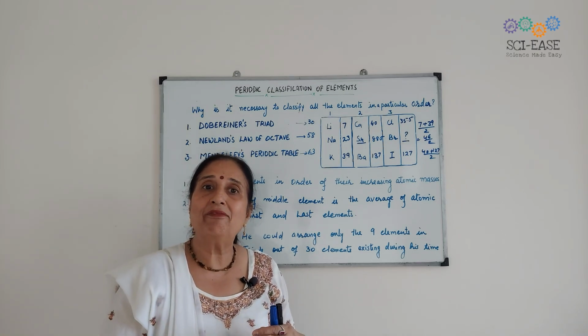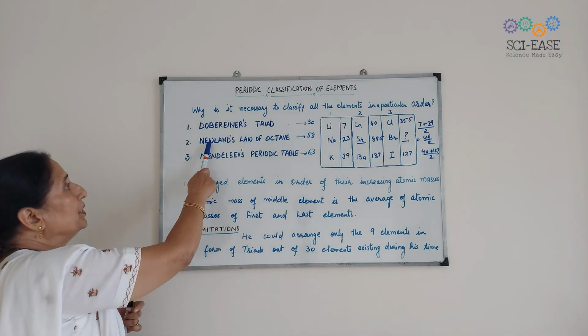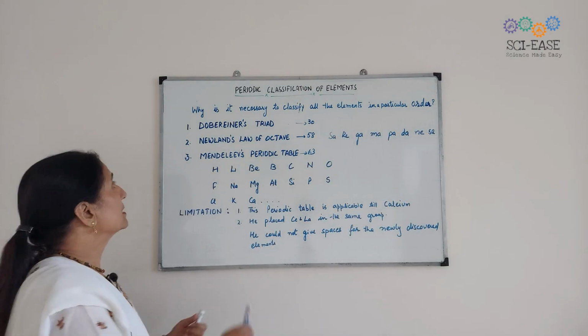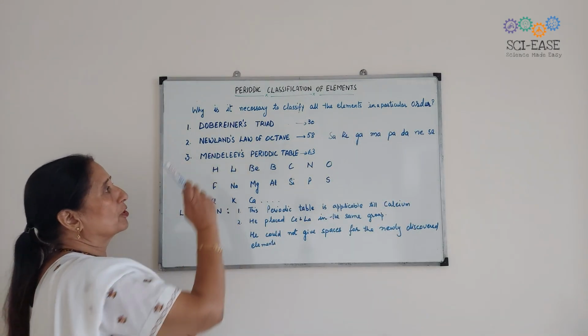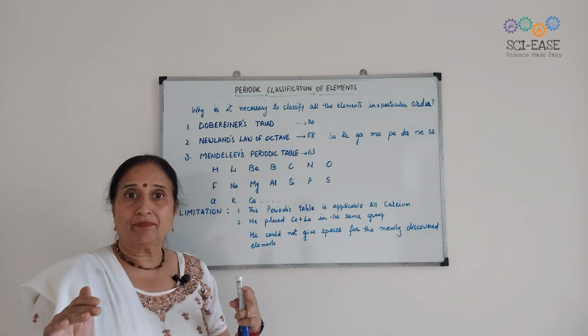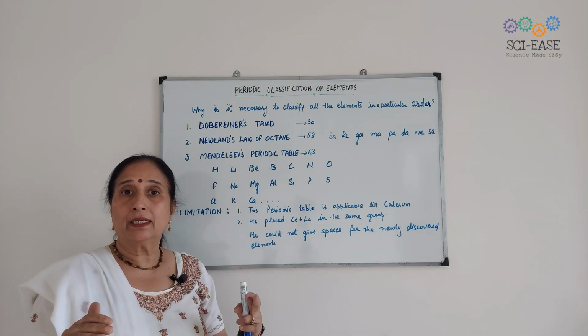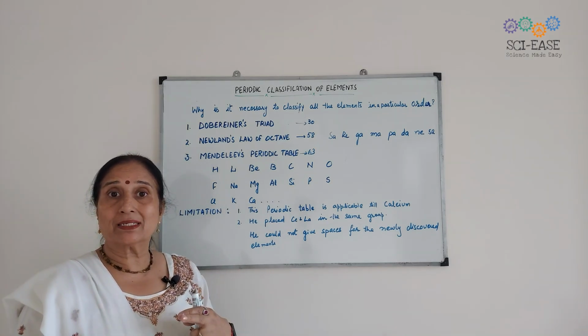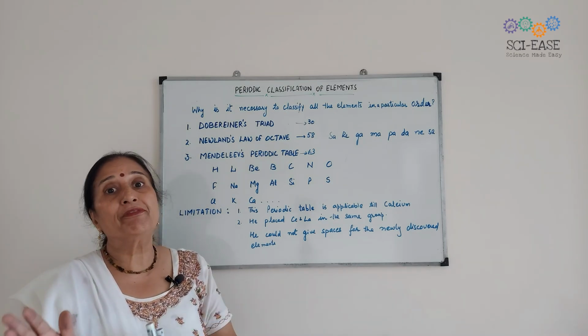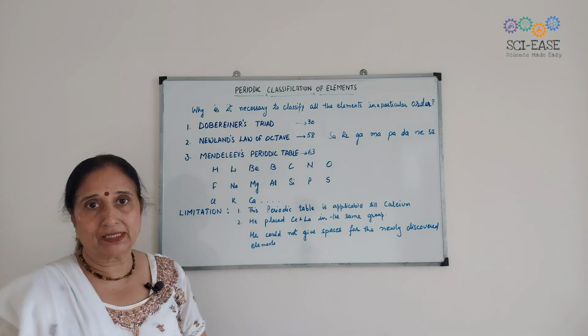Now I will tell you about Newlands' law of octaves. At that time, when Newlands arranged the elements in a particular order, there were 58 elements discovered.